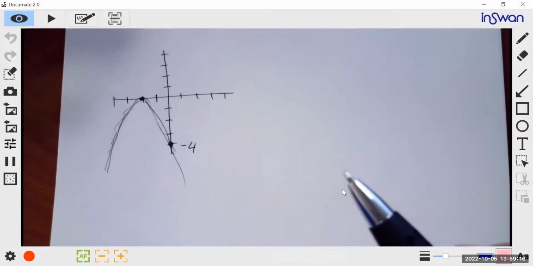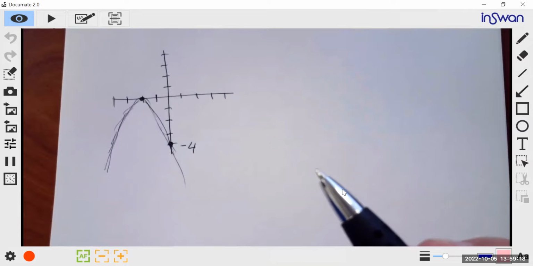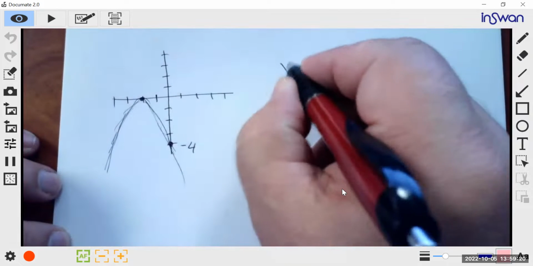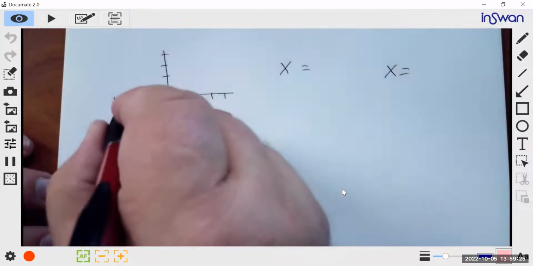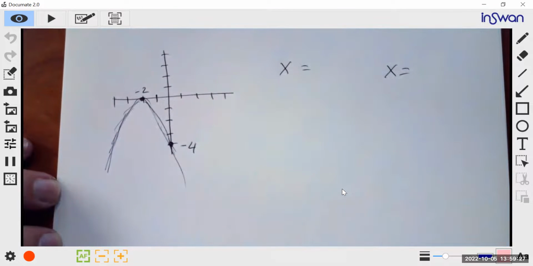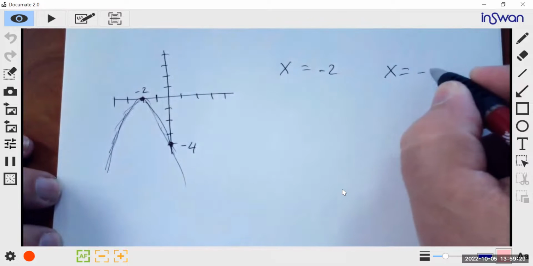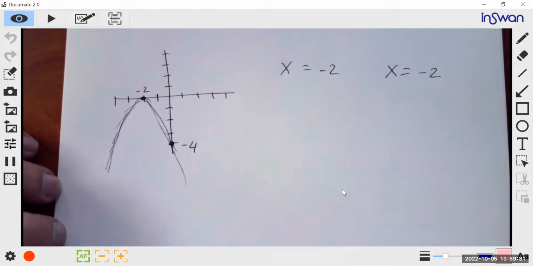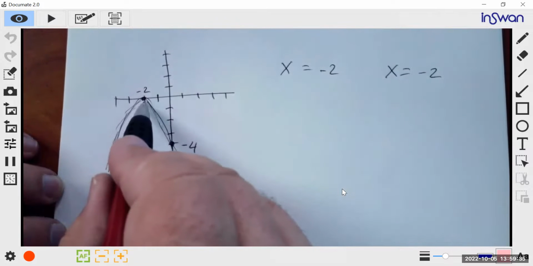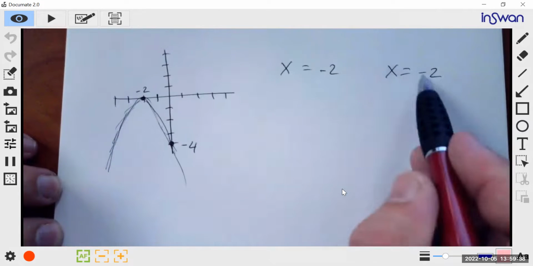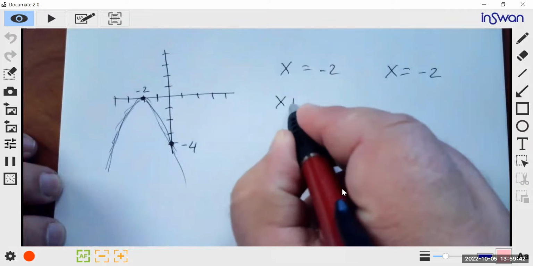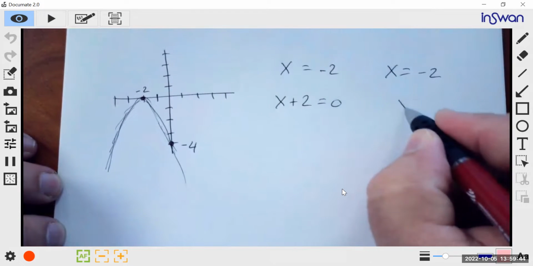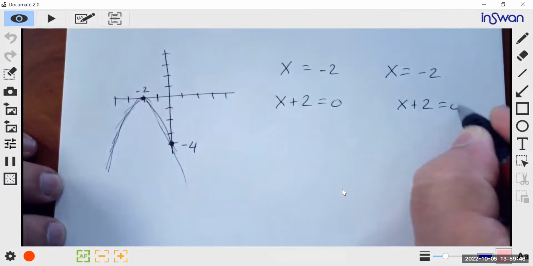Remember, it's a quadratic equation, right? So we have to have two solutions. What's my x-intercept? -2. They're both -2. So if we have a quadratic equation and it just touches, that means both answers are the same. So x plus 2 equals 0, x plus 2 equals 0.